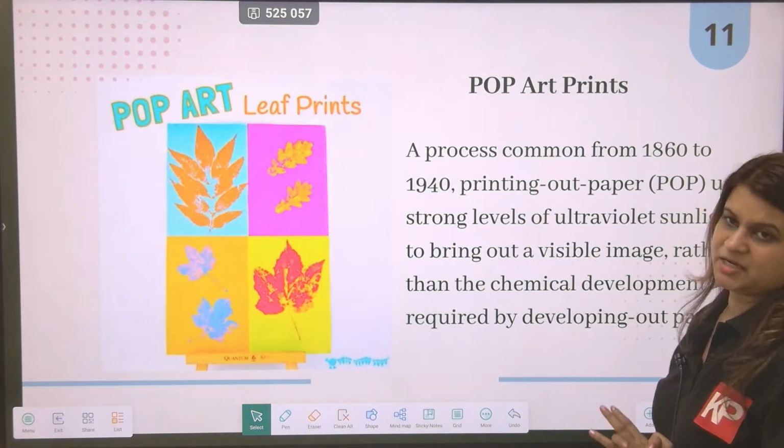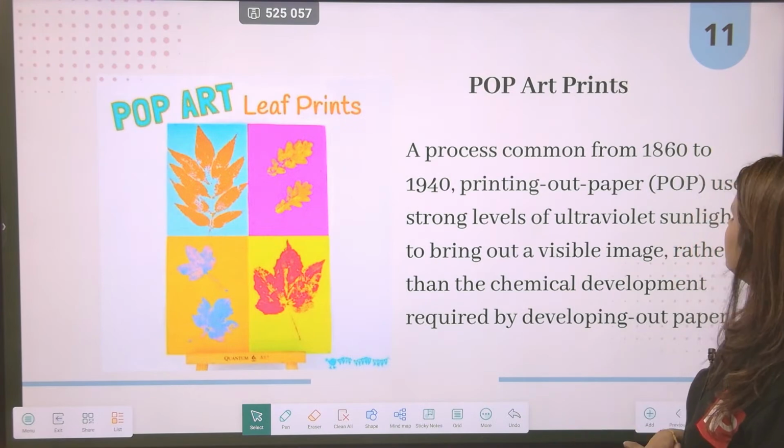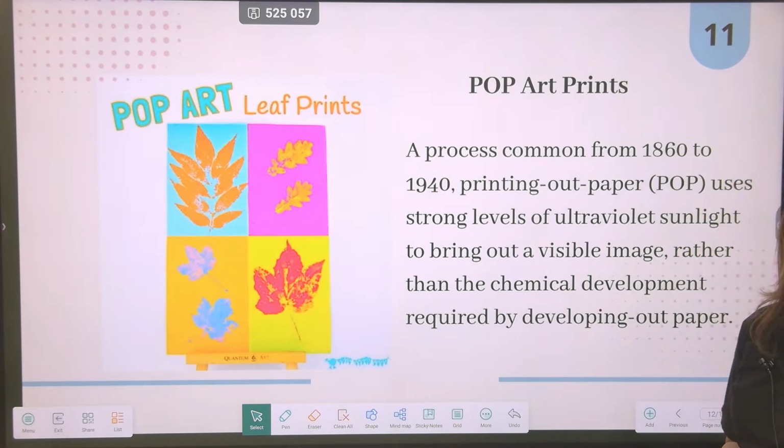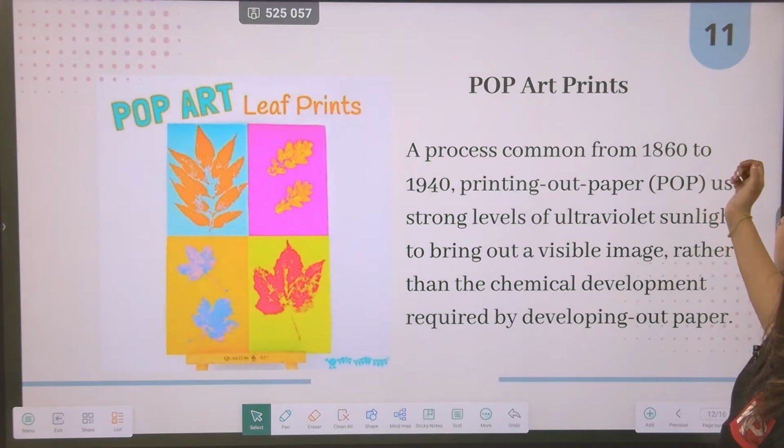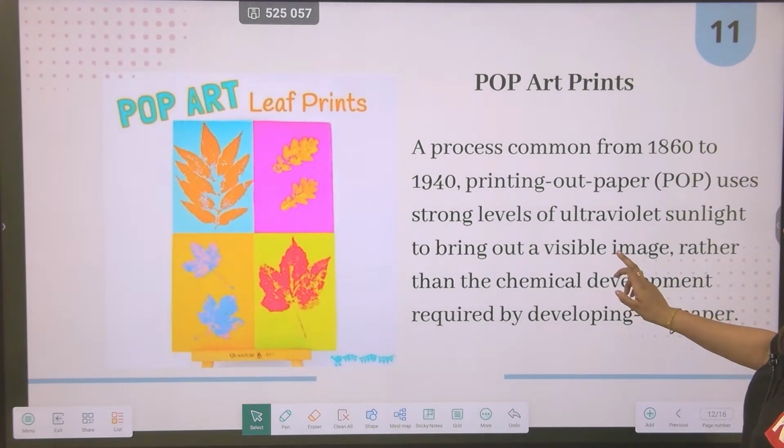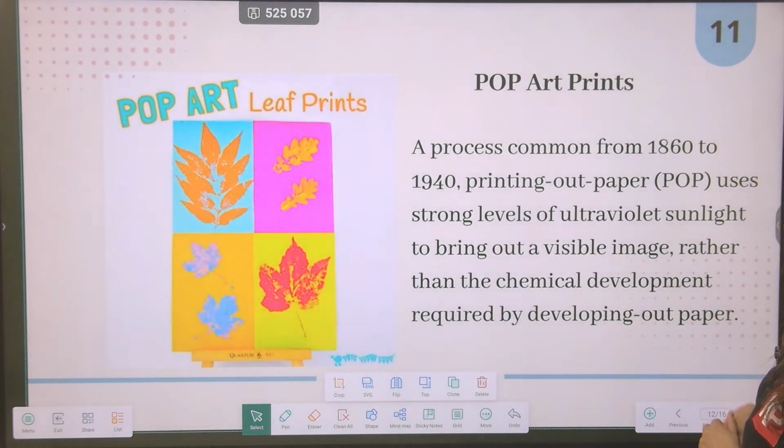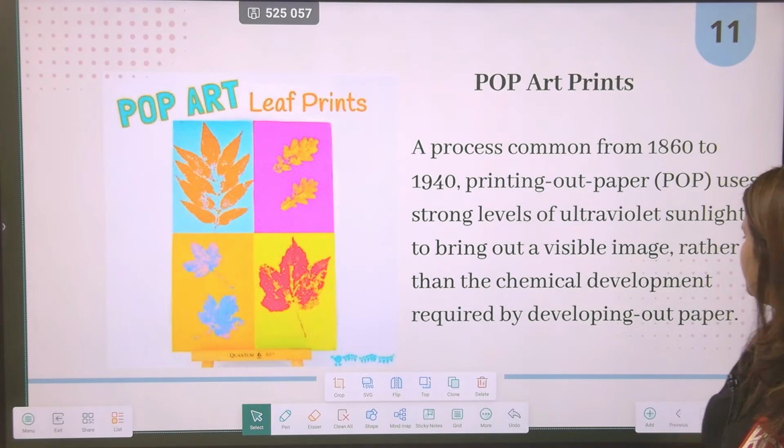Next is pop art. Pop art was really common from 1860 to 1940s. Printing out paper uses a strong level of ultraviolet sunlight to bring out a visible image rather than the chemical development required by developing out paper.